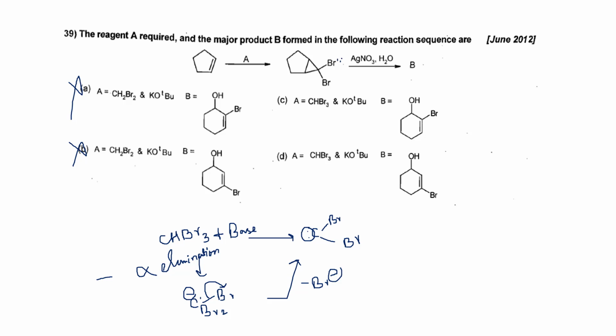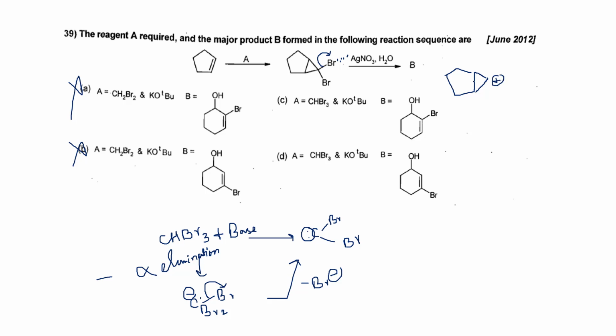So if both the bromines are of the same nature, see if it coordinates one of the bromines and this leaves from the system, generating this type of carbocation. Now this type of carbocation is highly unstable.